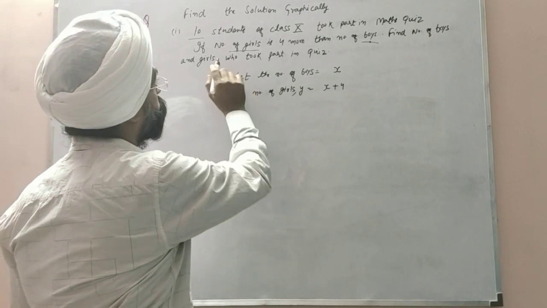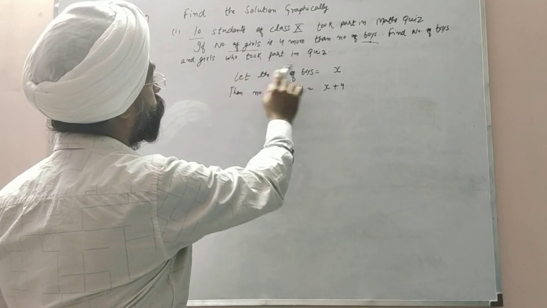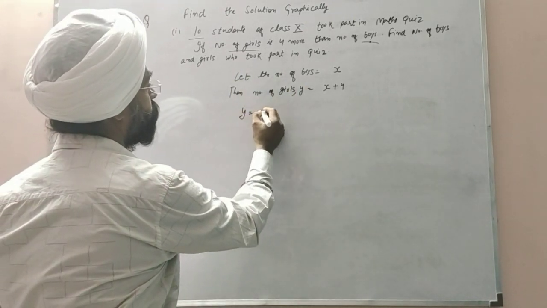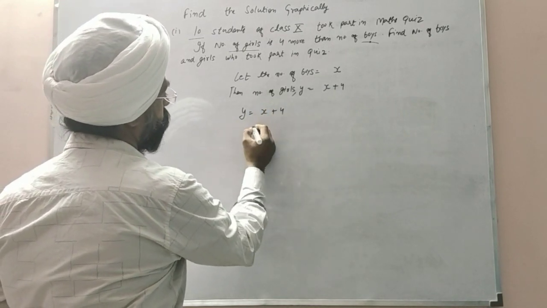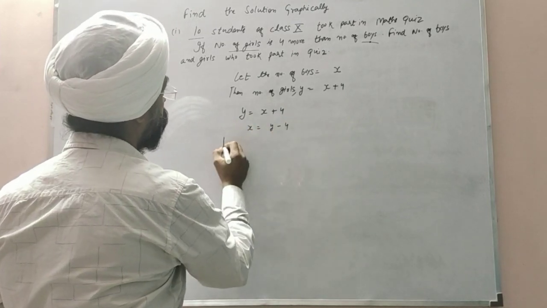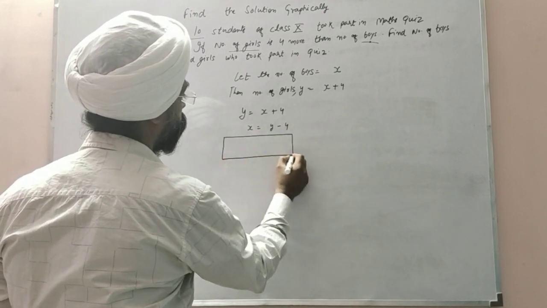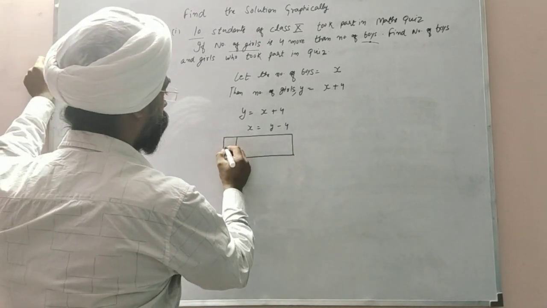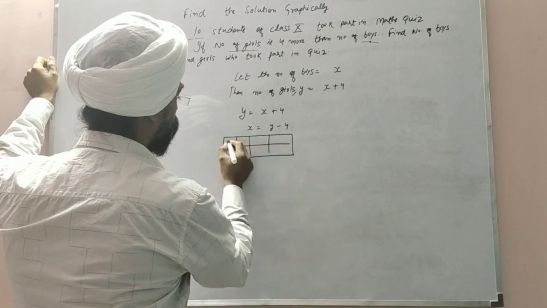Now as per the question, we have to find the number of boys and girls who took part in the quiz. y is equal to x plus 4. We can write it as x equals y minus 4. It is a very simple equation in x and y.